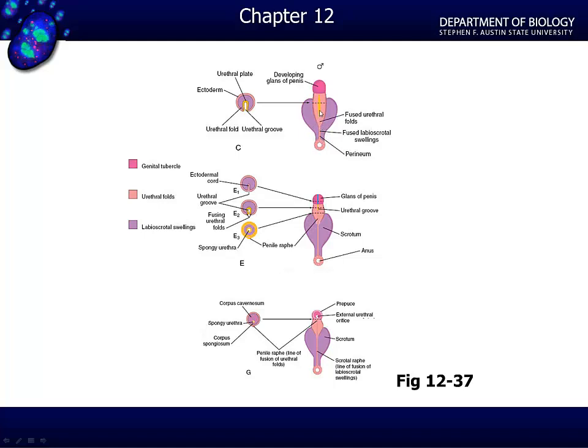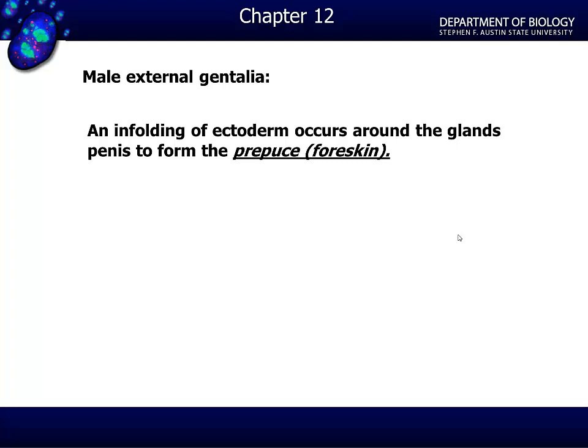Now, as we see when we return, we're going to see that our labioscrotal swellings, and hopefully the name is letting you know where we're going, we're going to start to zip that up as well into forming our scrotal tissue. This is going to be the compartment in which the testes descend from the abdomen through the inguinal canal and drop into the scrotum itself. So we said that the phallic portion in males becomes the head of the penis.